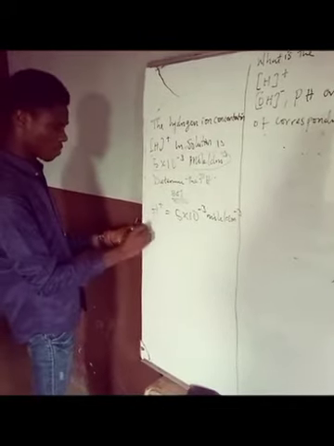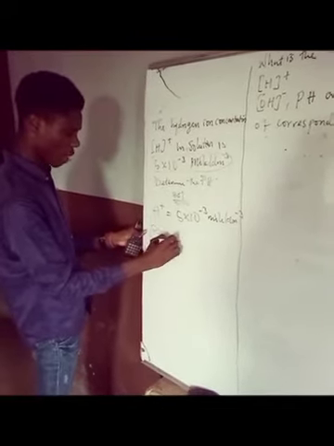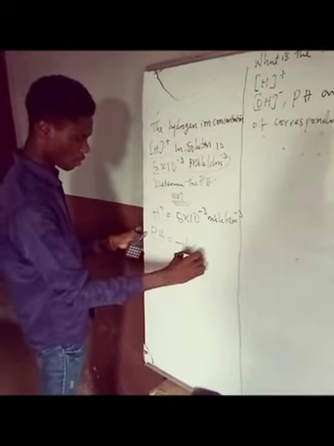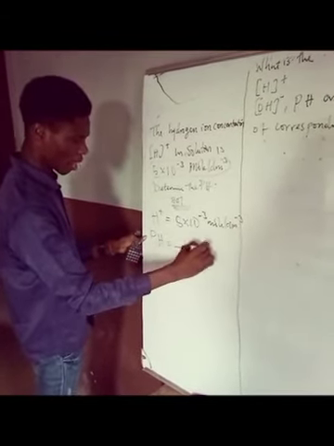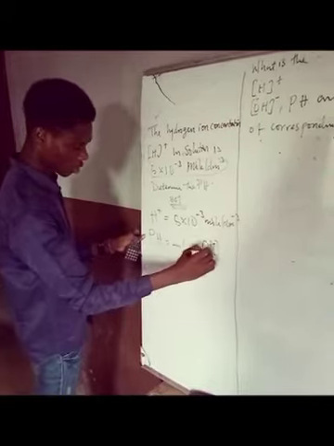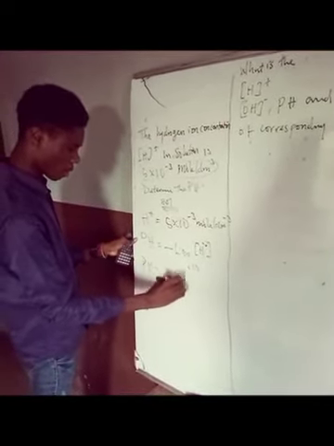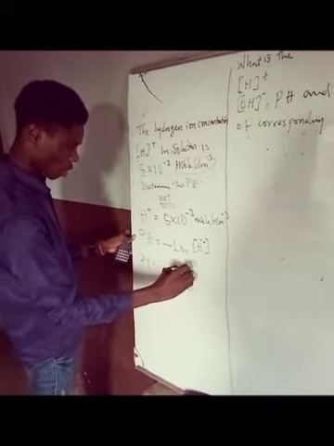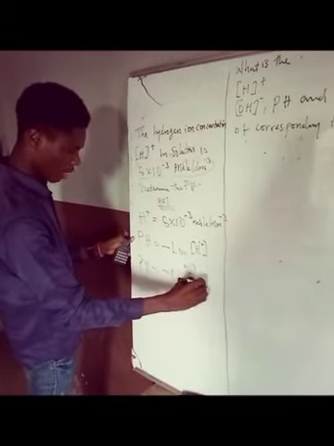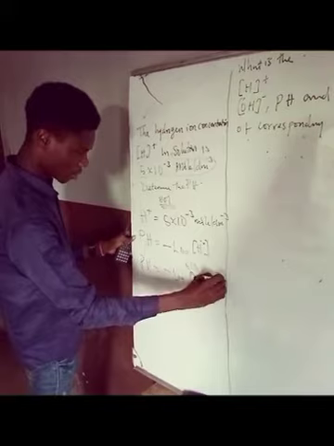So of course, to find the pH, don't forget that pH equals minus log 10 of your hydrogen ion concentration. Then pH equals minus log 10 of 5 times 10 raised to power minus 3.